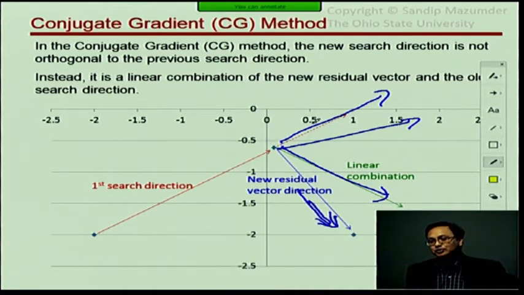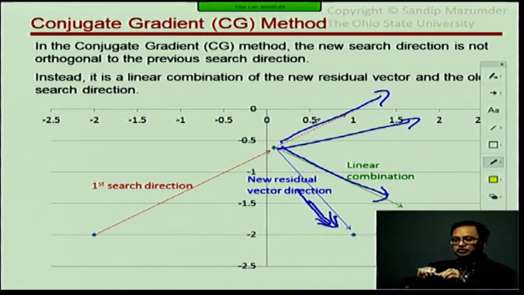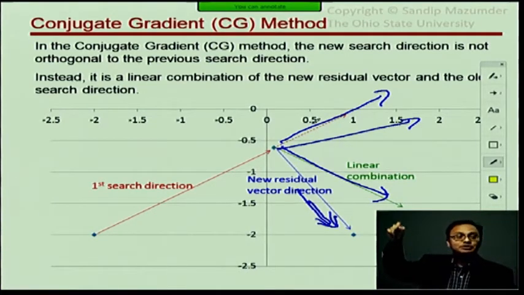So what he did was, instead of making the two search directions in successive iterations perpendicular to each other, he made them conjugate, orthogonal with respect to A, to each other. So R transpose times A times R is equal to 0. That's what he enforced.